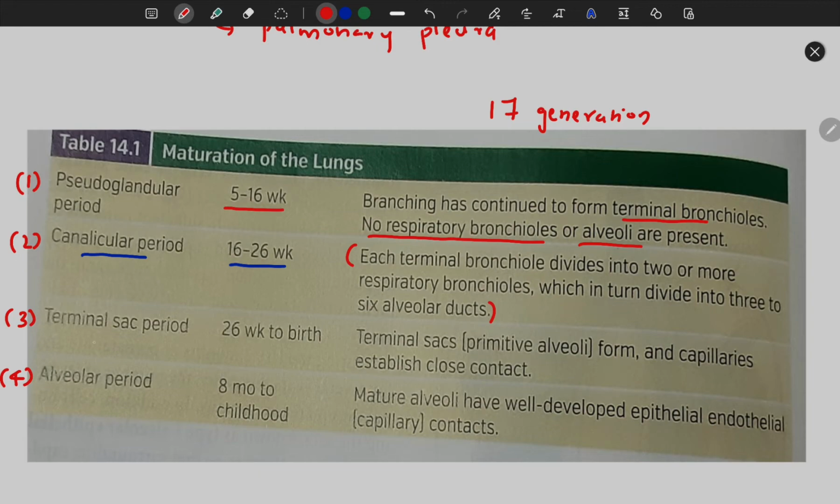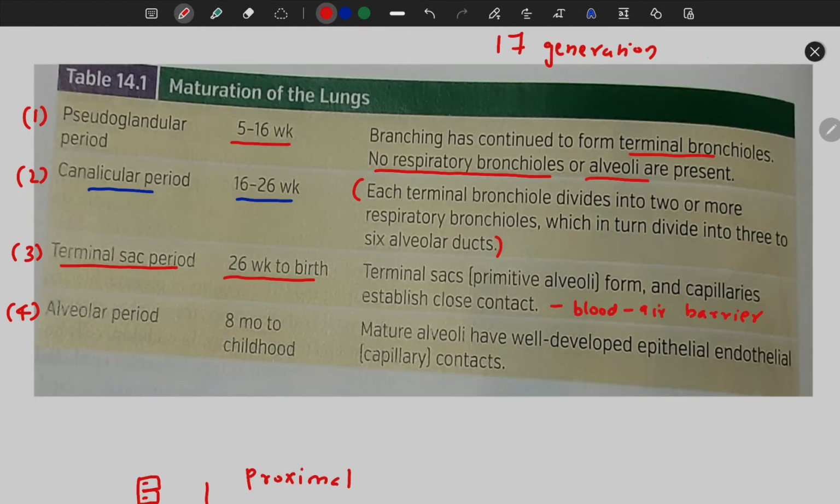So the third stage is known as the terminal sac period, extending from 26 weeks to birth. At the terminal stage, there is formation of the blood-air barrier. In this stage, the epithelium gets thinned out and there is perfect gas exchange. So the terminal sac means the primitive alveoli. And the fourth stage is the alveolar stage, extending from the 8th month to childhood.